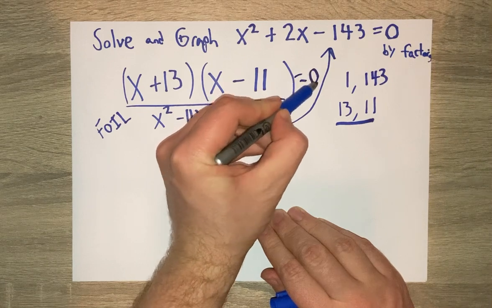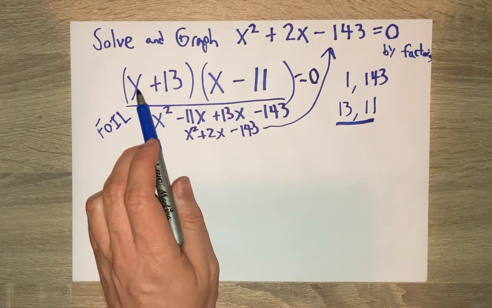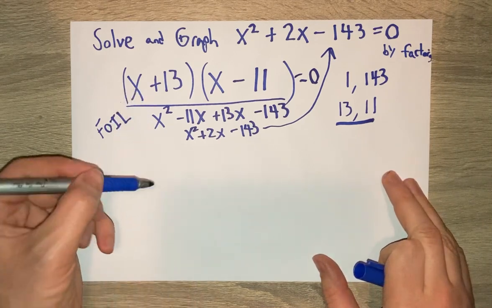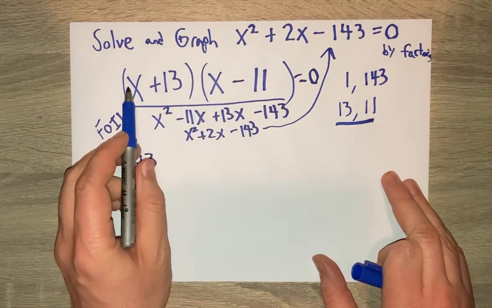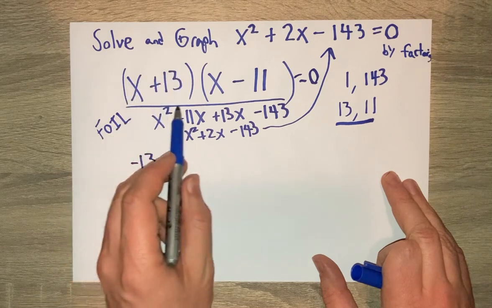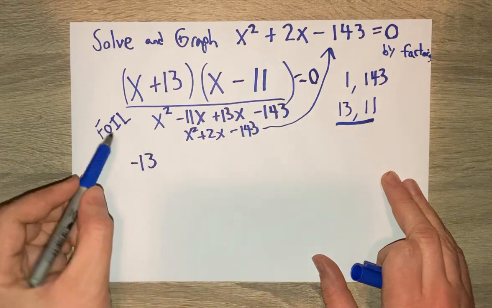But we're not done because these are our factors, but we're trying to solve an equation. Remember, these are set equal to 0. So what we need are the values of x that zero out our equation. So in this case, it will be negative 13, right? Negative 13 plus 13 equals 0. So then this bracket becomes 0, which zeroes out this bracket when it's multiplied by it.